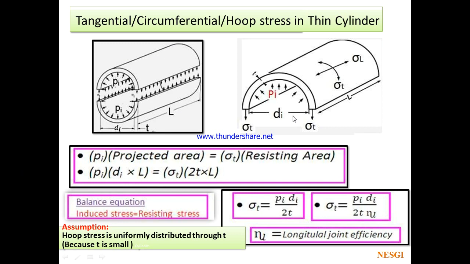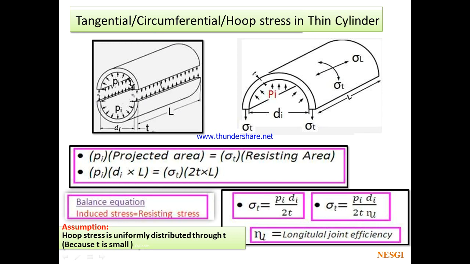Next is to find the equations of sigma T and sigma L. First, let us find the equation of sigma T, that is tangential or circumferential or hoop stress in a thin cylinder. Here you can see the cylinder cut in the longitudinal direction.